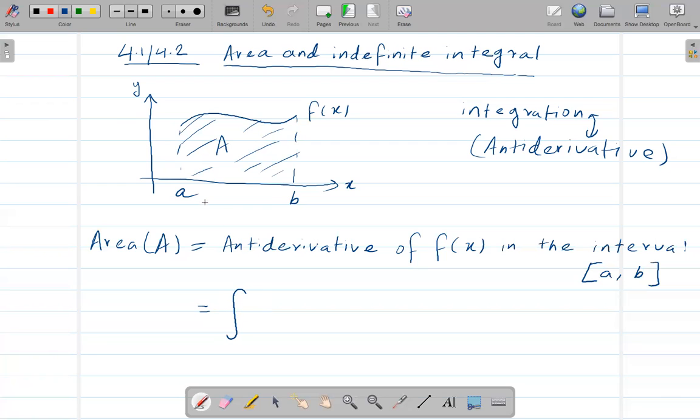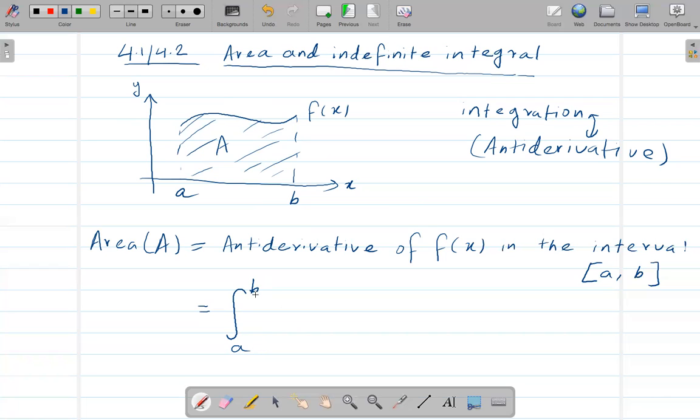And now since the area is going to be in this interval, which is on the x-axis, that interval is going to go here. So from left to right, the left endpoint a is going to go down, and the right endpoint b is going to go on the top. So that means our interval is from a to b.